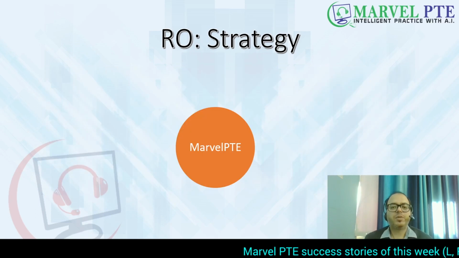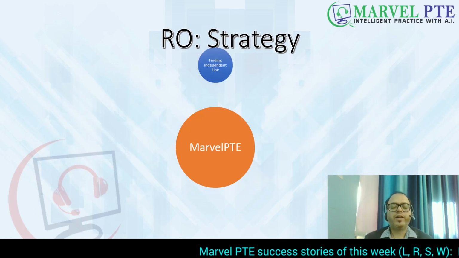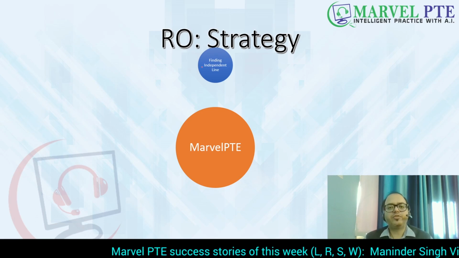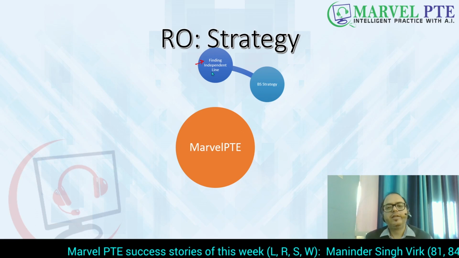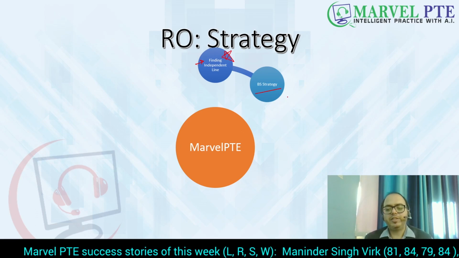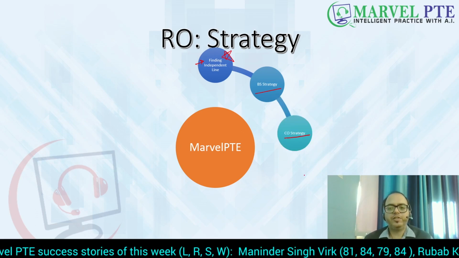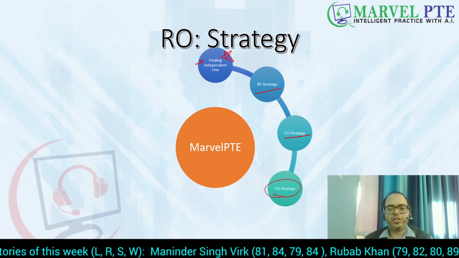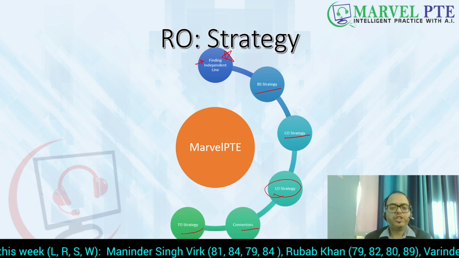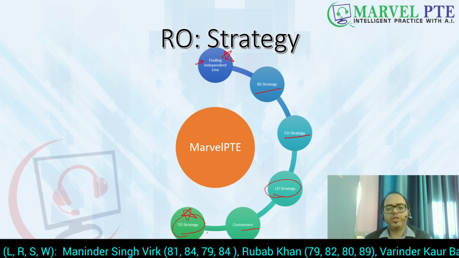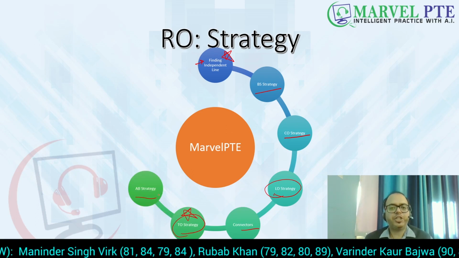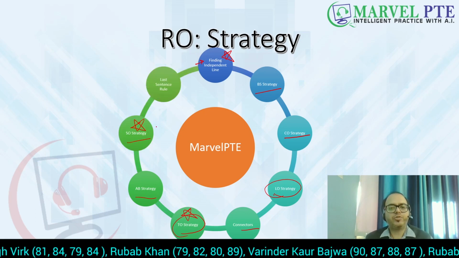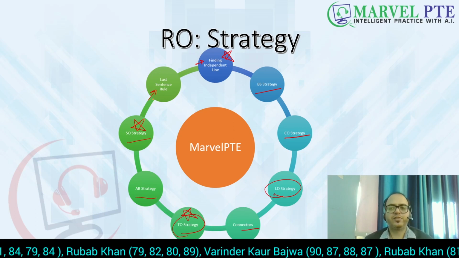So you see, as per our strategy, if you follow our strategy, solving reorder paragraphs will be easy. We have fixed rules for finding the independent line, which you have seen today. Then BS strategy, broad to specific strategy, CO strategy, chronological order strategy, LO strategy, logical order strategy, connectors. TO strategy, you have seen its usage today, topic order strategy, AB strategy, abbreviation strategy. SO strategy, you have seen its usage today, and there are rules for last sentences also.